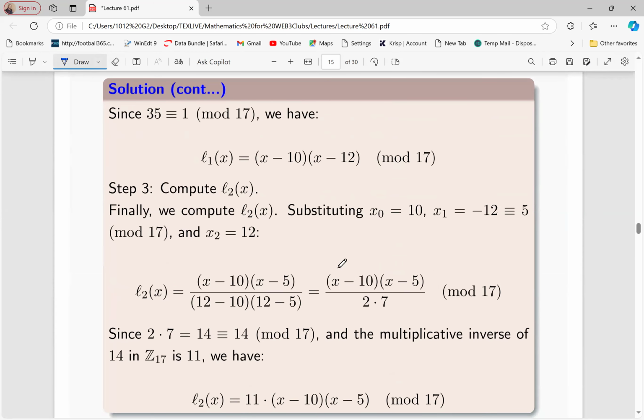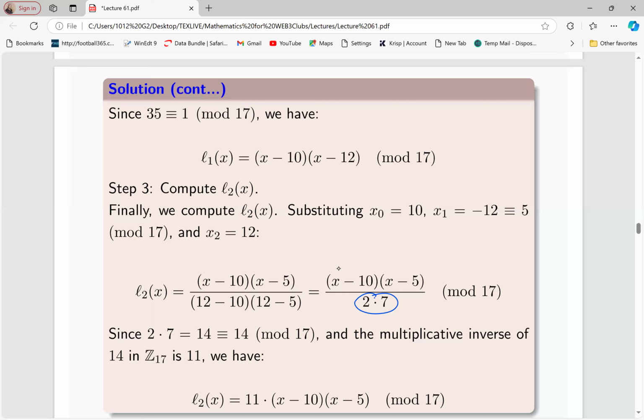What about this one? The denominator is 14. So again, we try to find the inverse of 14. When I did, I found 11. The inverse of 14 mod 17. You do the same thing you've been doing. You ask yourself, 14 into 17, how many times? And what is the remainder?